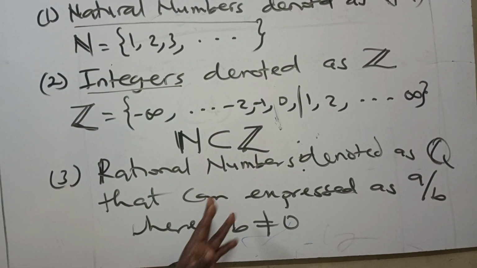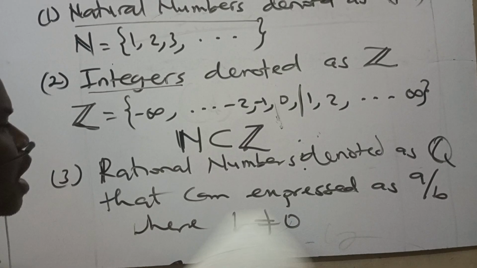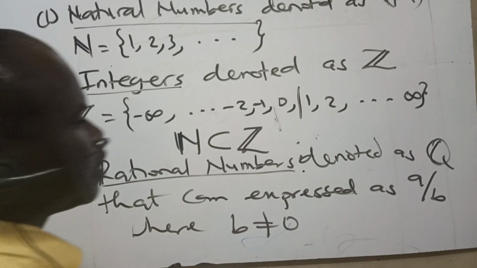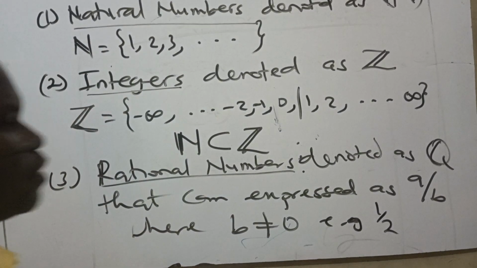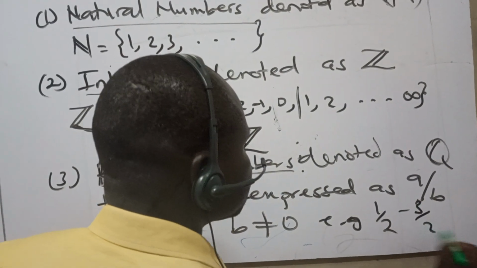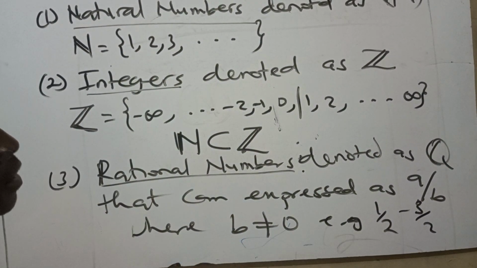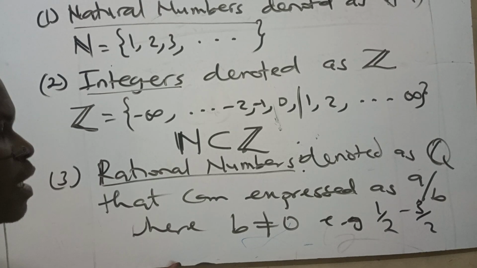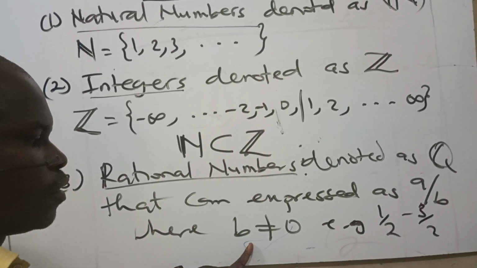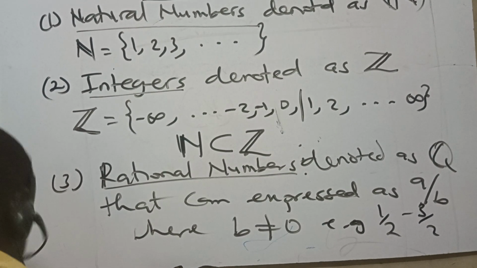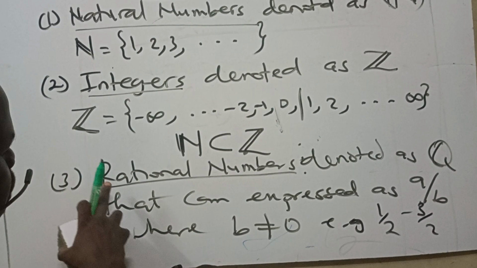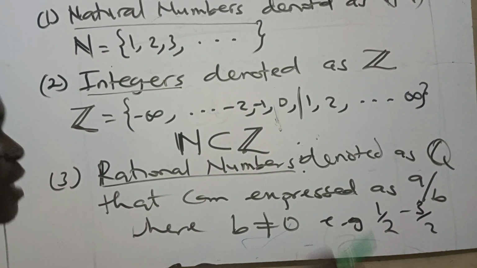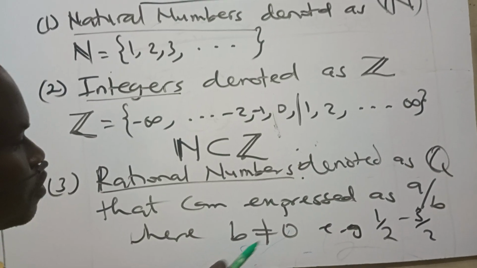That is, any number that you can express as a fraction is referred to as a rational number. E.g., when we have a half, or minus 3 over 2, these are rational numbers. We should note that the denominator must not be equal to 0, because once the denominator is equal to 0, that fraction will be undefined. So whenever we want to define the rational numbers, we must note that the denominator cannot be equal to 0.